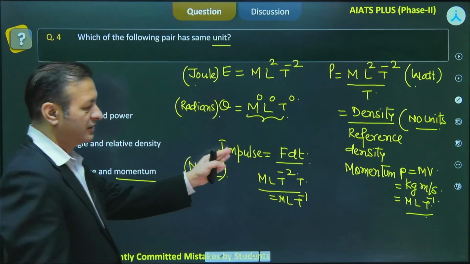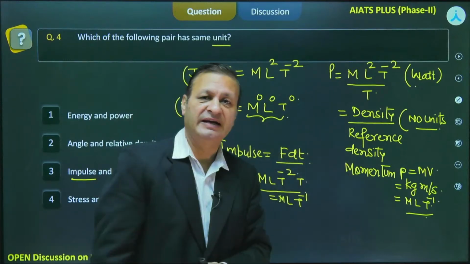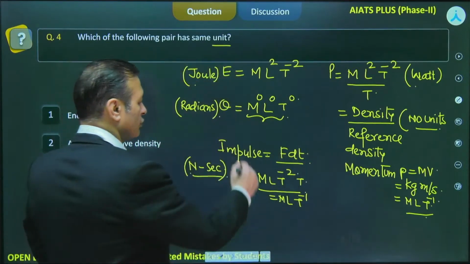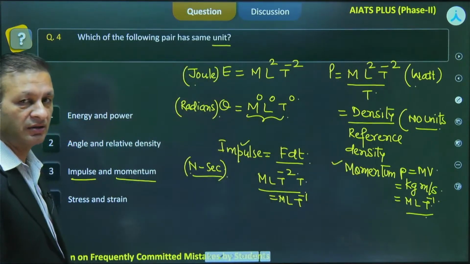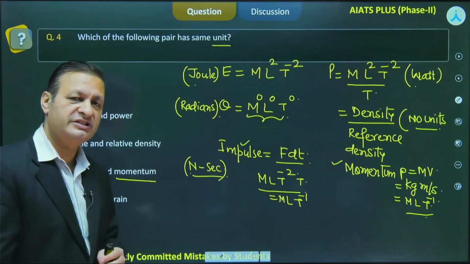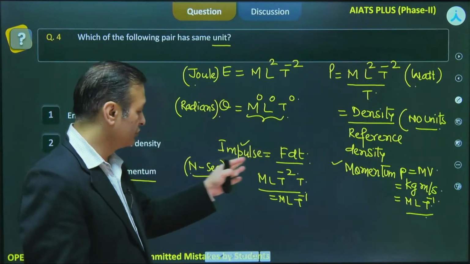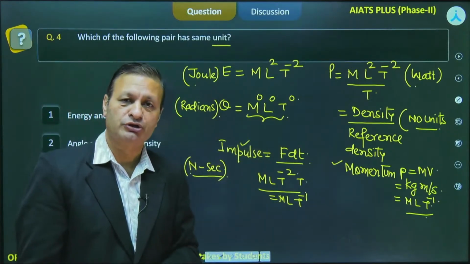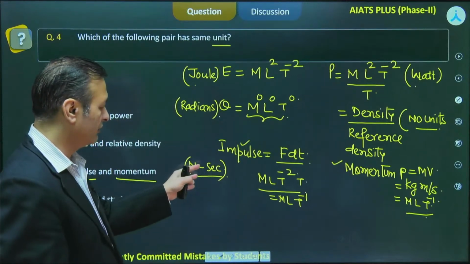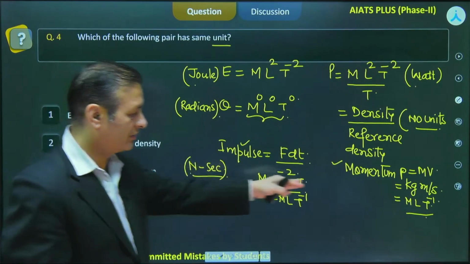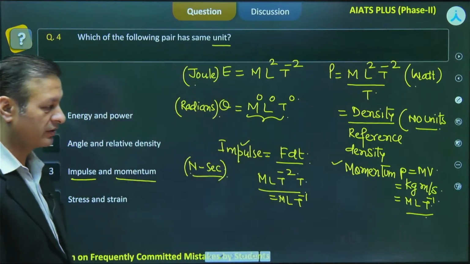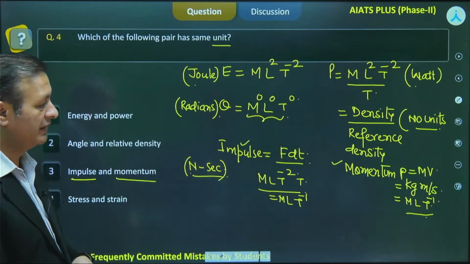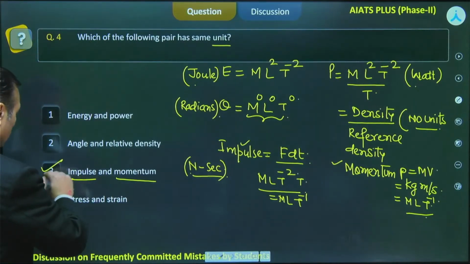So impulse is also defined as change in momentum. So impulse and change in momentum are almost the same concepts. So it means unit wise also they should have the same units, and if you convert this Newton into second, we can write it as kilogram meter per second also, as momentum. So this is the correct option.